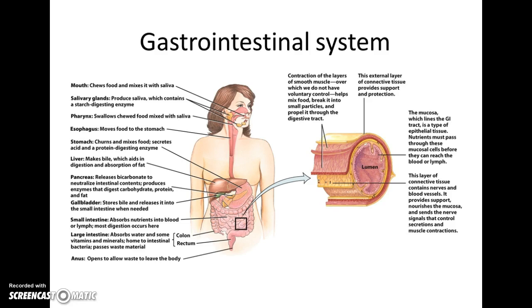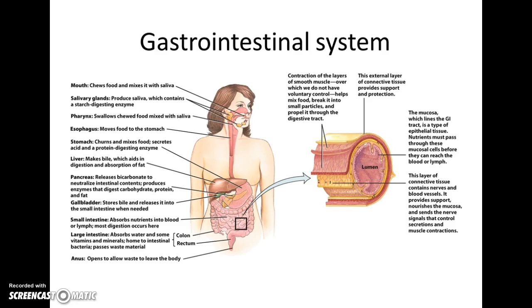Our small intestines, which include three parts, the duodenum, the jejunum, and the ileum, and that's where most of our absorption occurs. And then the large intestine, which includes the cecum, the ascending colon, the transverse colon, the descending colon, and then the sigmoid colon, and then we have the rectum and the anus. And so those are the components that the food actually travels through.